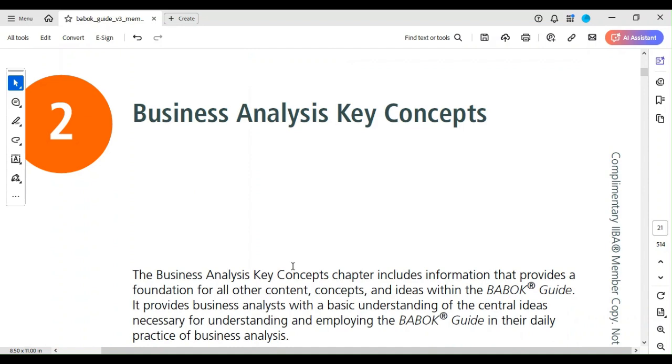I know there is so much information on the internet, but I'll help you channel your energy. IBA on their website provides information telling you what percentage of the exam each knowledge area makes up.